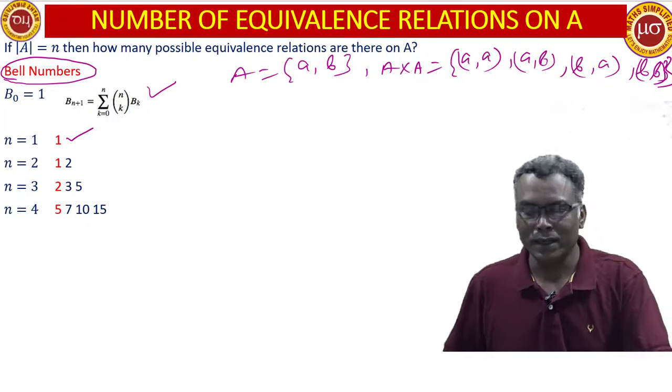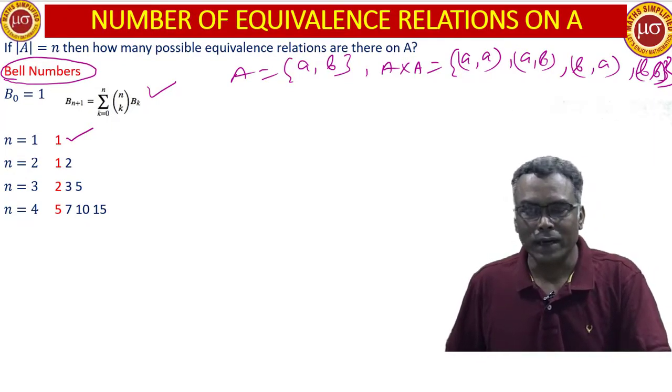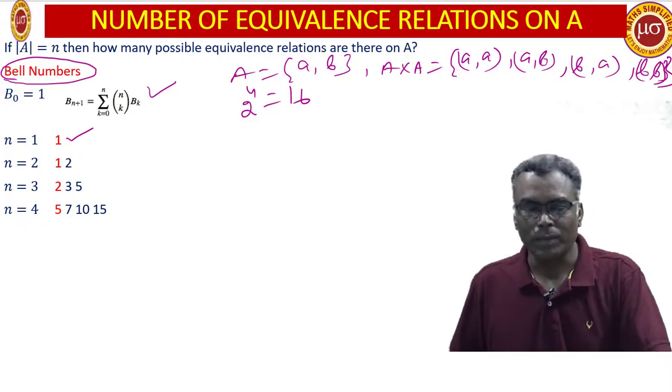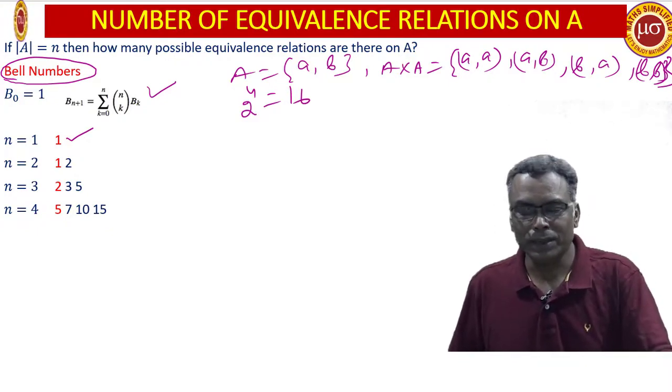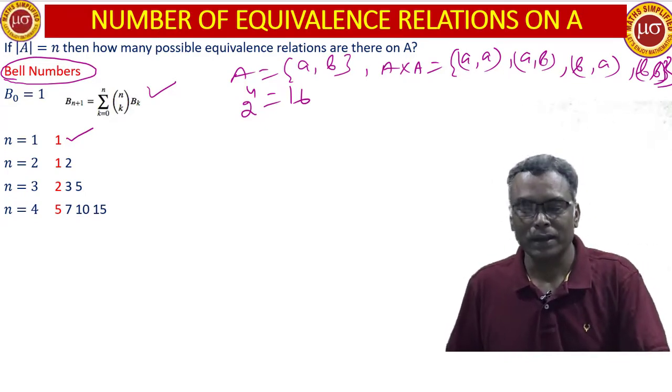Now let us see how many relations there will be. 2 to the power 4, 16 relations in total. Out of them, how many are reflexive, symmetric and transitive? How many are equivalence relations?